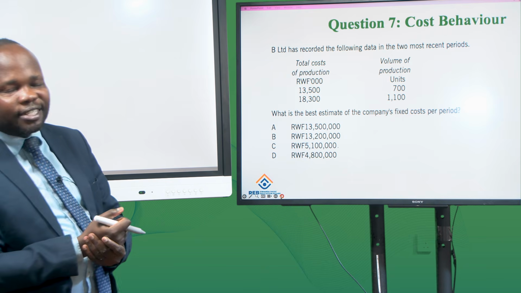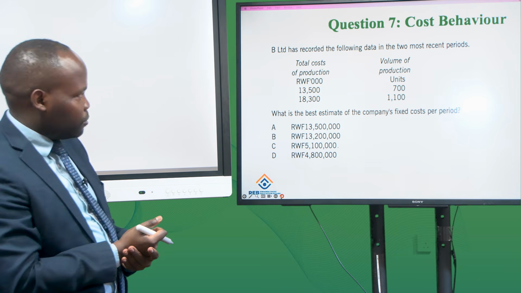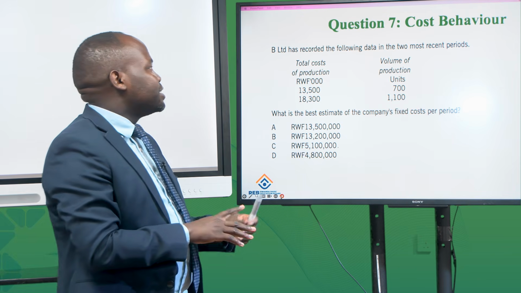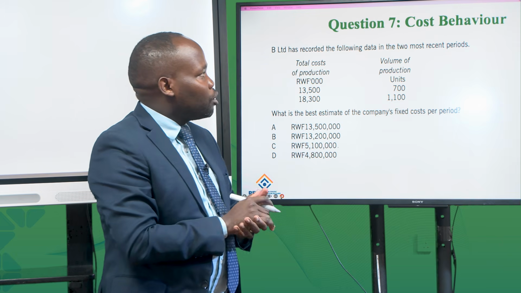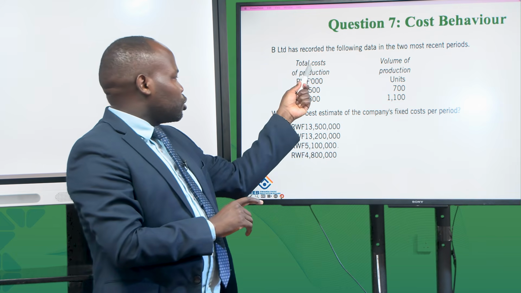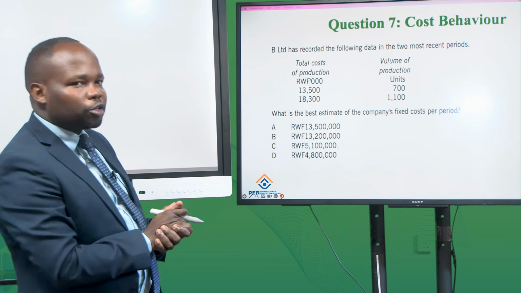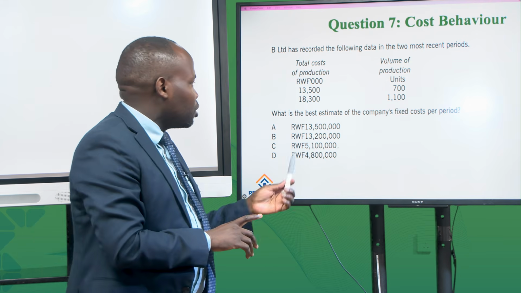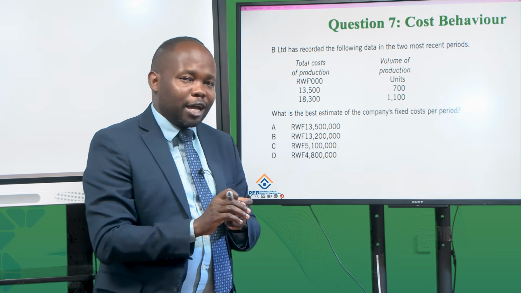Question number 7, still on cost behavior, but now this is computational, numerical. D Limited has recorded the following data in the 2 most recent periods. You have the total cost and the volume of activity or units of production. What is the best estimate of the company's fixed cost per period?